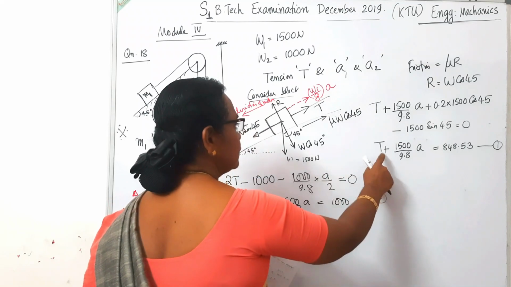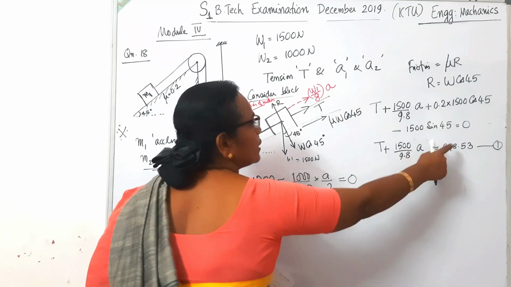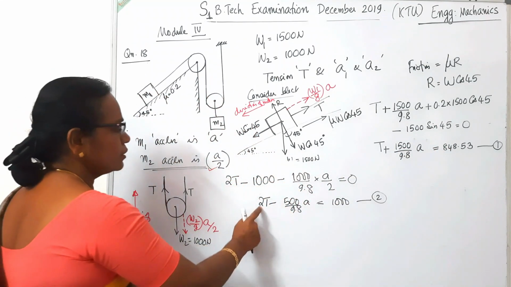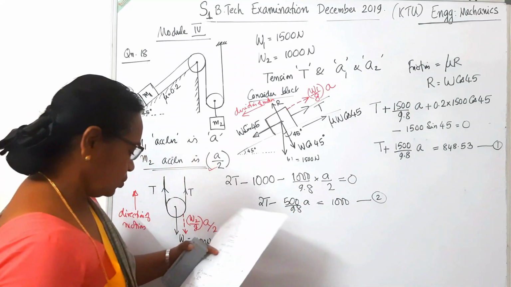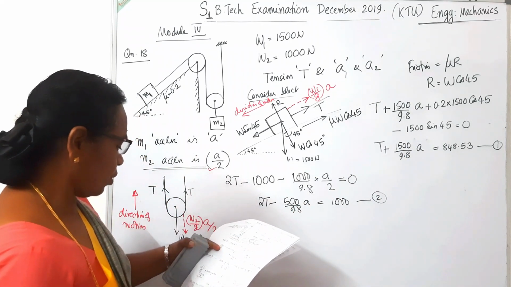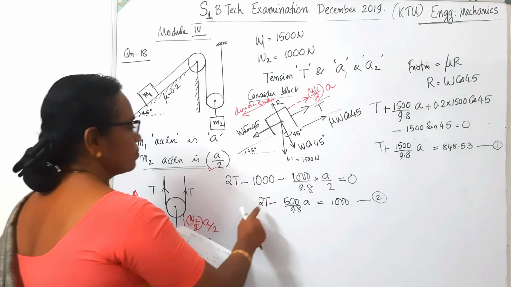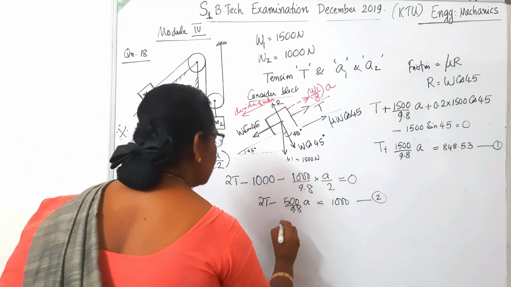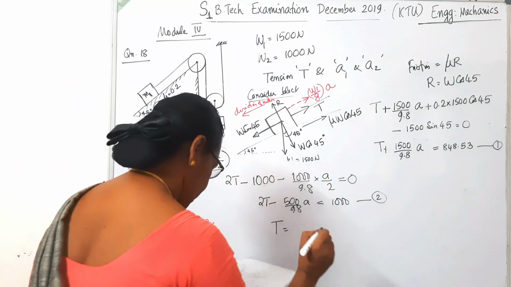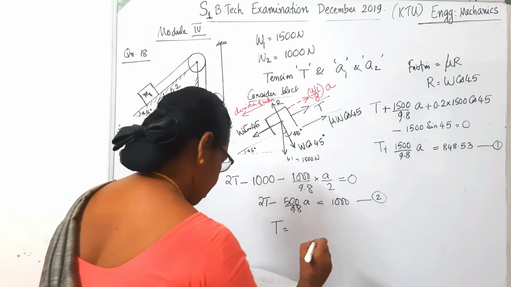So there are two equations. T plus 1500 by 9.8 A is equal to 848.53, and 2T minus this is equal to 1000. So solving these two equations, 1 and 2, we get the answer.